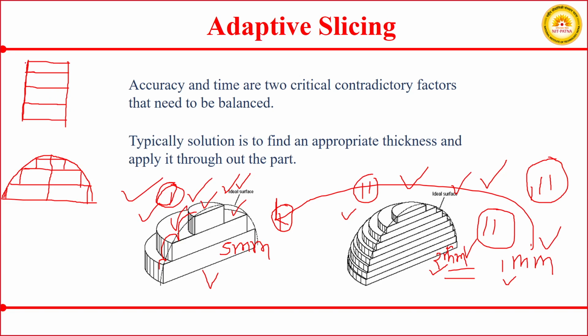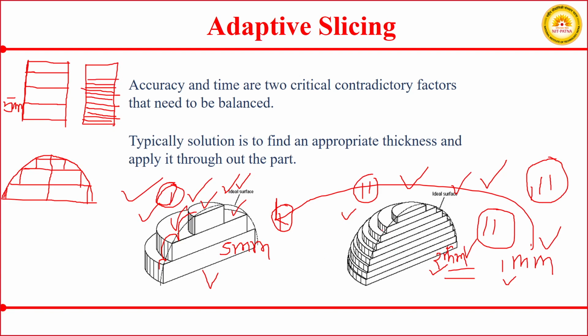Your surface quality would not be much affected whether you have 5 mm layer thickness or 1 mm layer thickness. For this type of component, it is not going to affect the surface quality much.